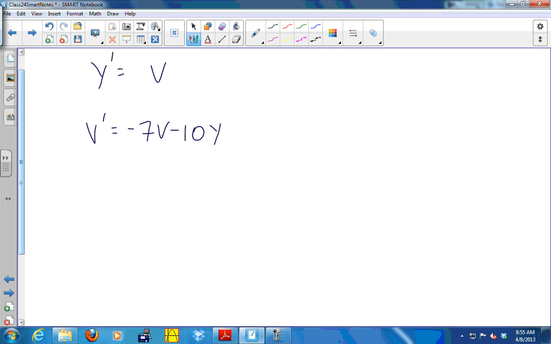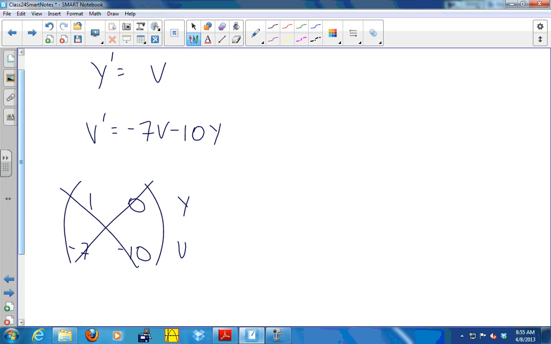So you said 1, 0, -7, -10, your matrix, and you multiply that by y, v. When you multiply this, you get 1y plus 0v and -7y plus. Okay, there you go. So if you multiply by v, y, you can do it that way, but everything becomes v, y.